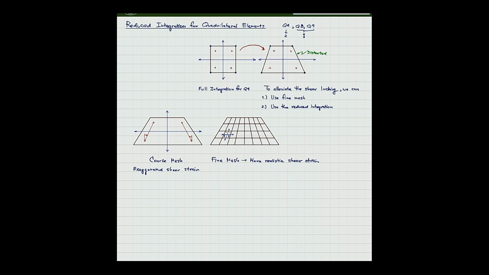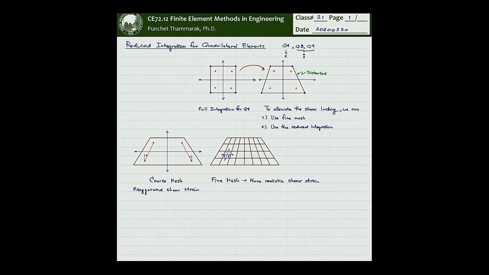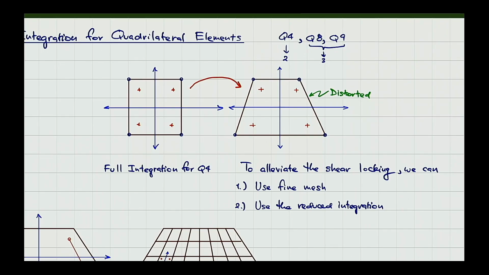So it is always the case that you get a nice improvement from the fine mesh. And another possibility is to use the reduced integration. That could be used as well. So to use reduced integration, you will evaluate the shear distortion using fewer integration points.